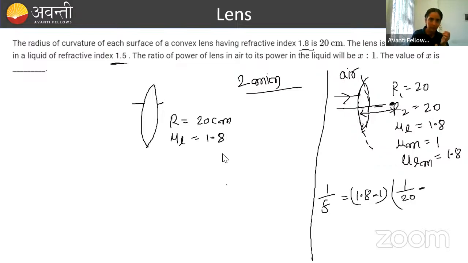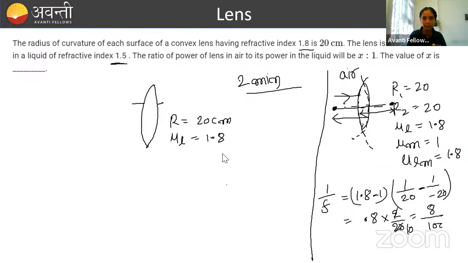And this surface will have center of curvature somewhere here. So radius of curvature we will measure in this direction, opposite to the direction of incident light, and that is why minus 20. So how much value we are going to get? 0.8 into 2 by 20. That is 1 by 10. So this is 8 by 100. So this way we are going to get the focal length for the first case.